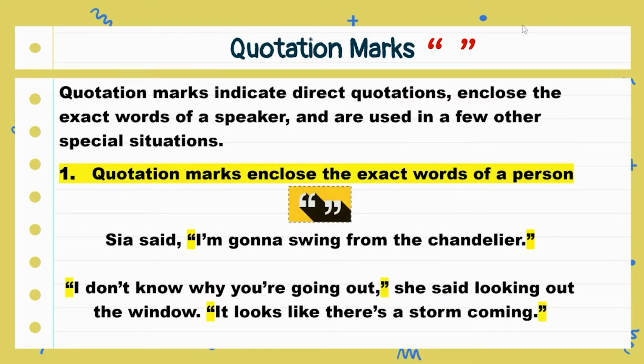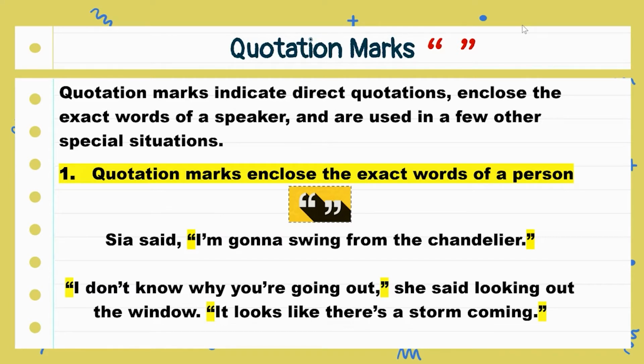The next one is quotation marks. In this sentence, quotation marks include the exact words of the speaker and are used in a few other situations. Quotation marks include the exact words of the speaker.